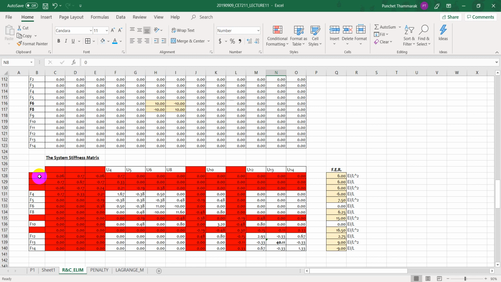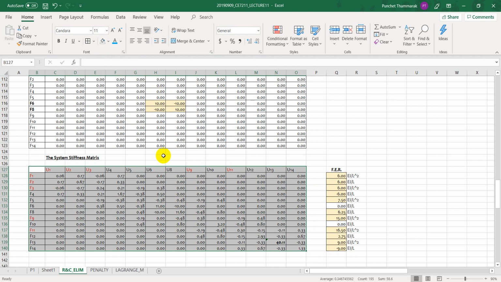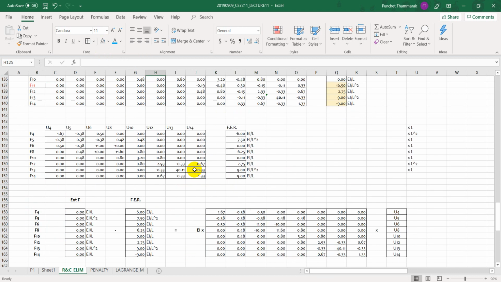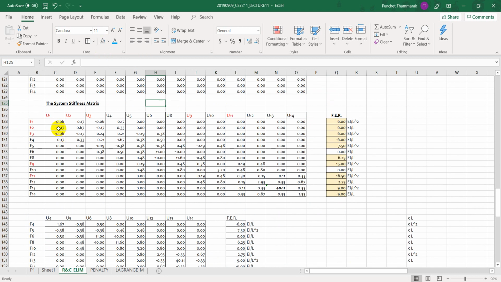In this matrix, your reactions are embedded inside this F1, F2, F3, F9, F11. You can come back to this matrix here, this setup.